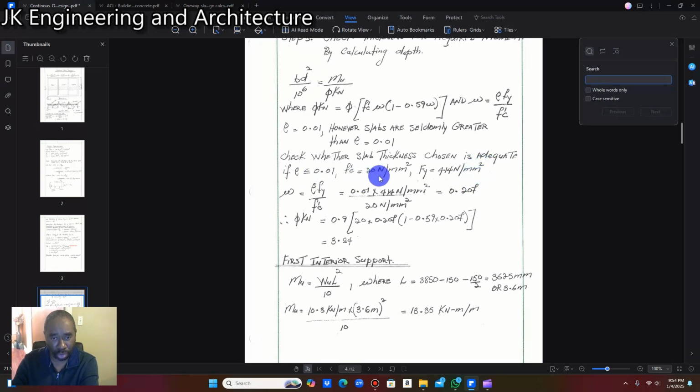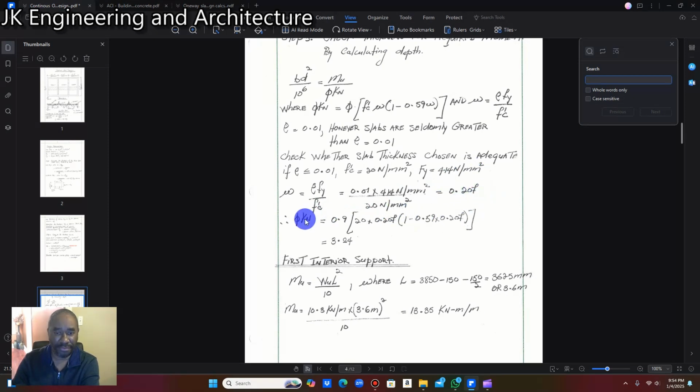Alright, I've shown you where these two values come from in our design parameters already. Alright, so w is going to be rho times fy over fc prime, which is 0.01 times 414 newtons per millimeter square divided by 20 newtons per millimeter square, and the result is 0.207.